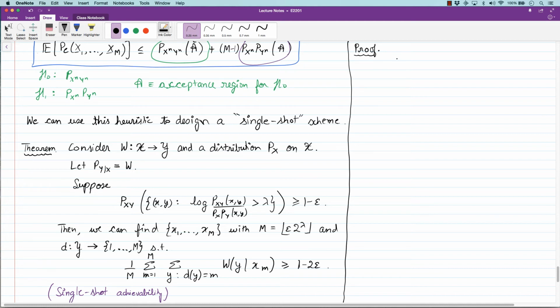So let A be this set, this one here. So this is the set of xy such that the log likelihood ratio of pxy is greater than lambda.